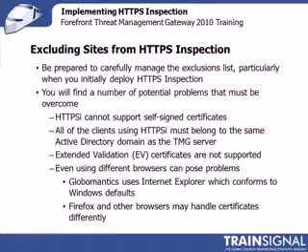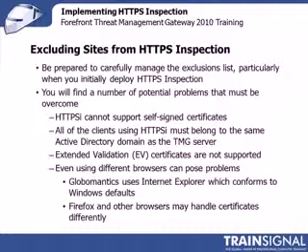You should, however, be prepared to carefully manage the exclusions list, particularly when you initially deploy the service. The reason is because you're going to find some things that simply won't work with the service, and you need to exclude those sites in order for your users to be able to continue to use them. For example, HTTPS inspection doesn't work when the other end uses self-signed certificates. You can use one for your own service, but not browse to a site that's using a self-signed certificate.